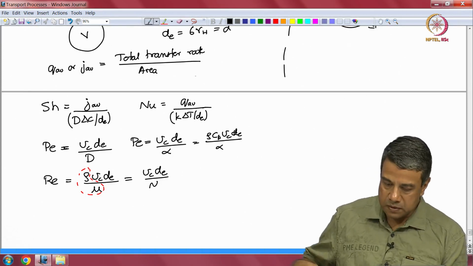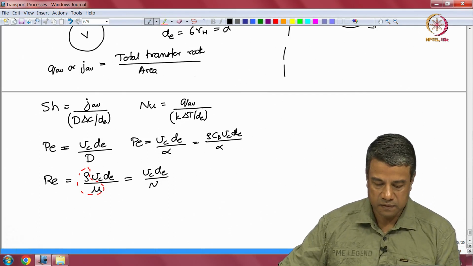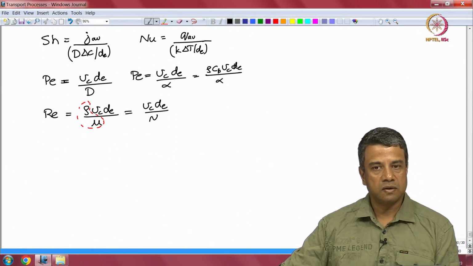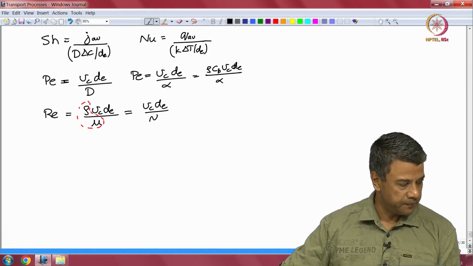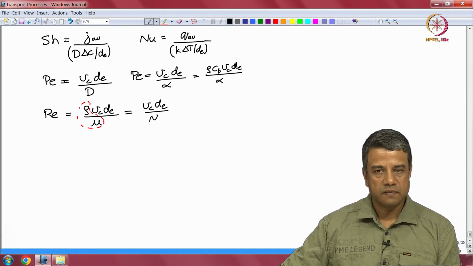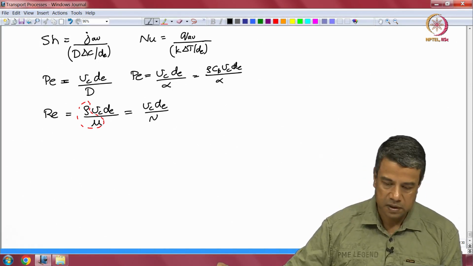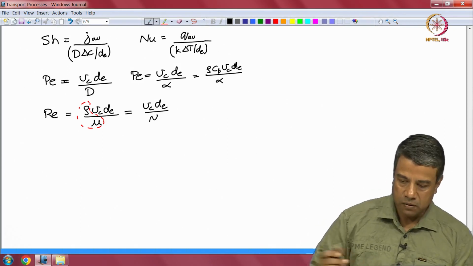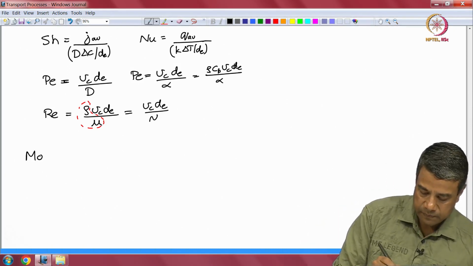So, that is as far as the definitions of the dimensionless flux and the ratio of convection and diffusion are concerned. The dimensionless flux for mass transfer is the Sherwood number, for heat transfer is the Nusselt number. What about for momentum transfer?